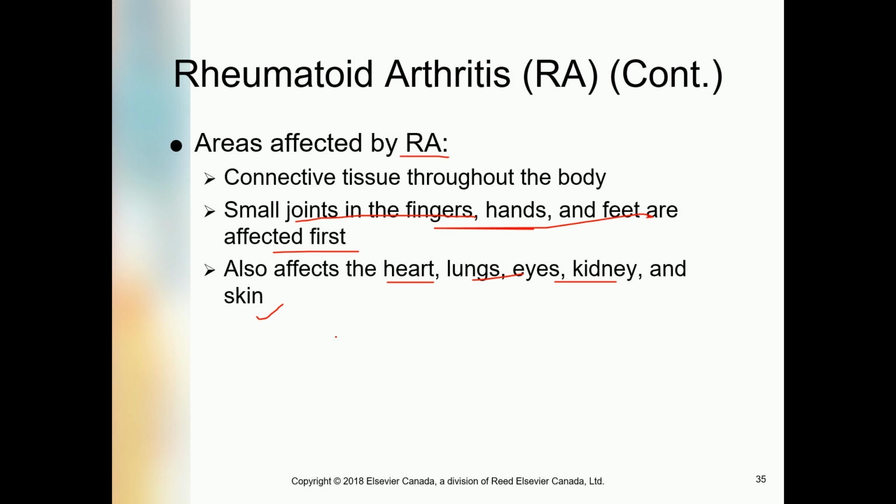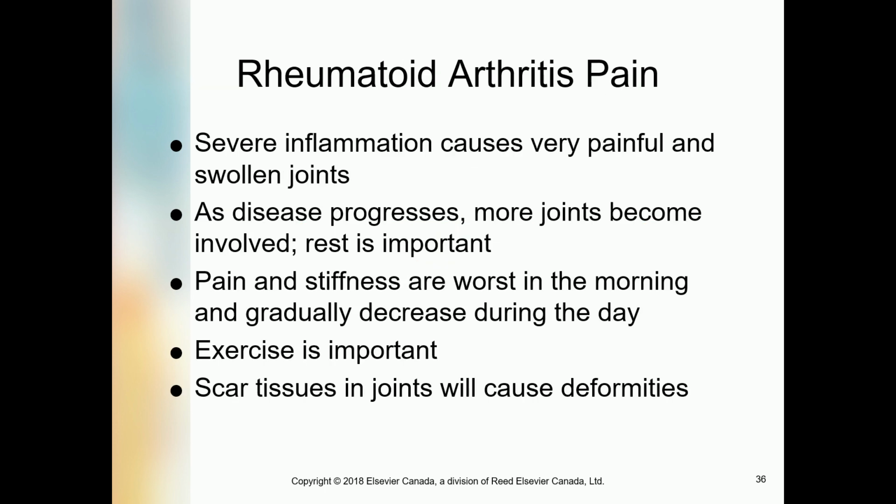It can affect all the way. Severe inflammation causes very painful and swollen joints. The joints are swollen, very painful and thick. As the disease progresses, more joints become involved, all the joint parts of the body.